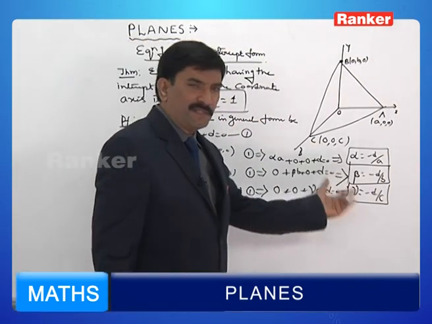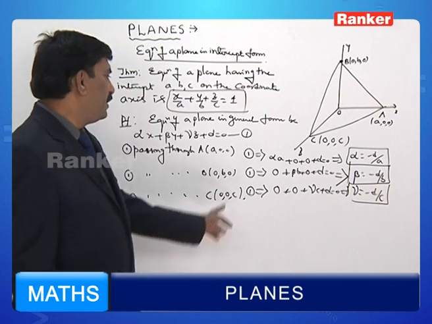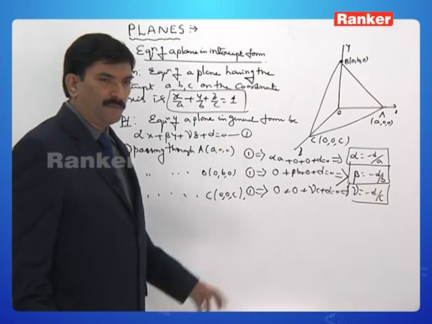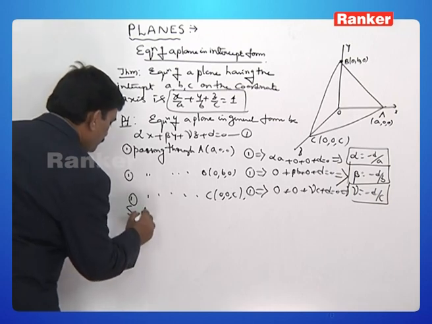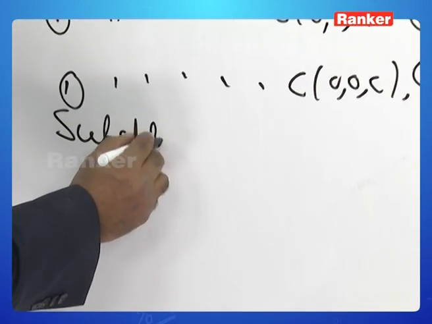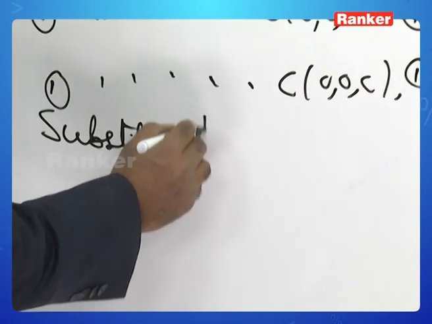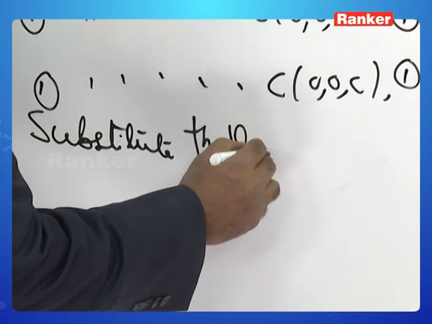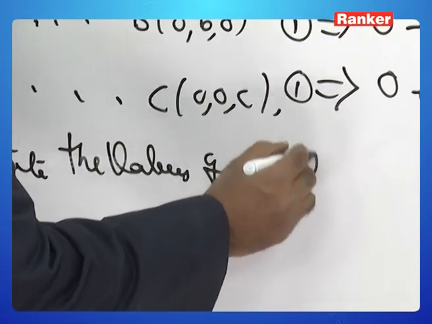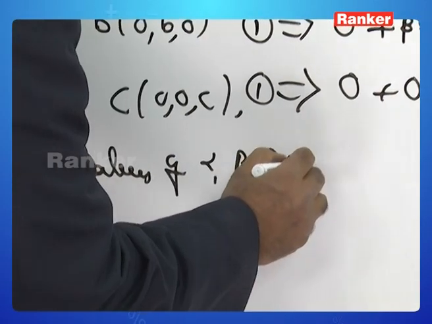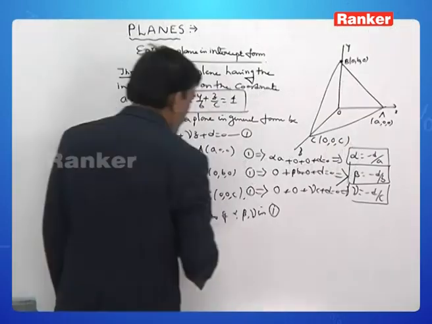Take all these values and substitute in equation 1. Now, substitute the values of alpha, beta, gamma in 1.